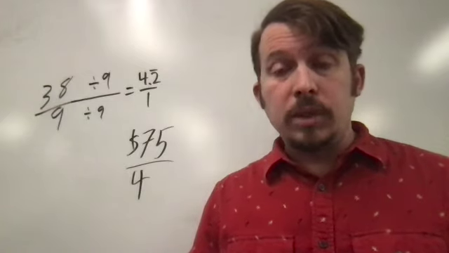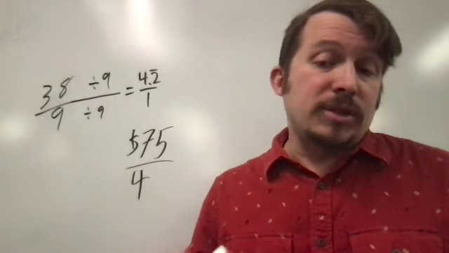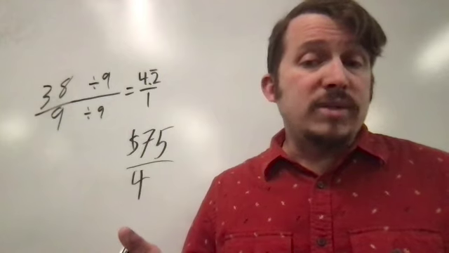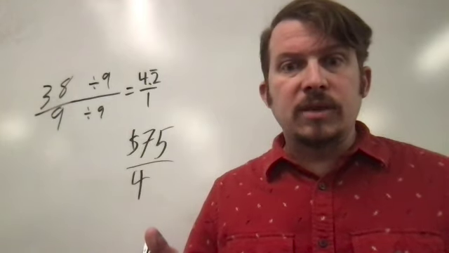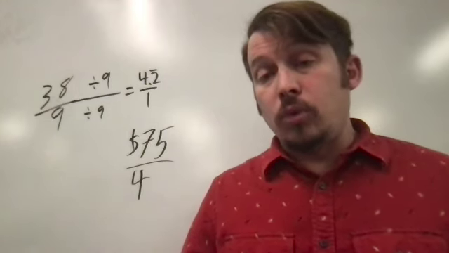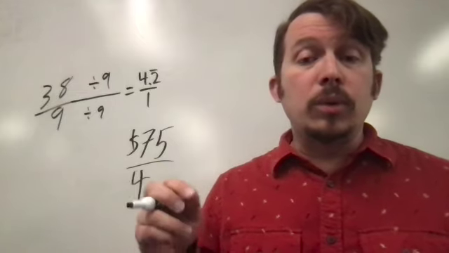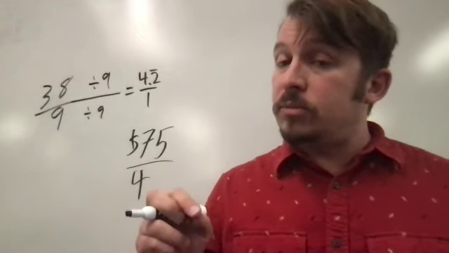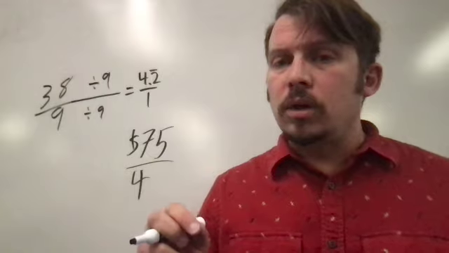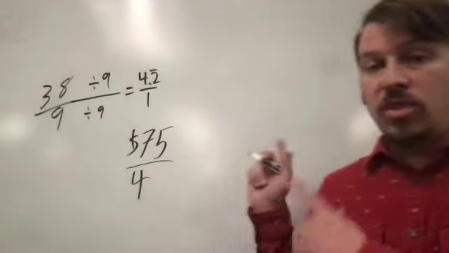The ratio of money to people, we want our unit rate. Our unit rate would be exactly how much each person has to pay. What does that work out to? Well, 75 over 4, to find our unit rate, we would divide the top and the bottom numbers again by 4. Look at this. It goes like that.